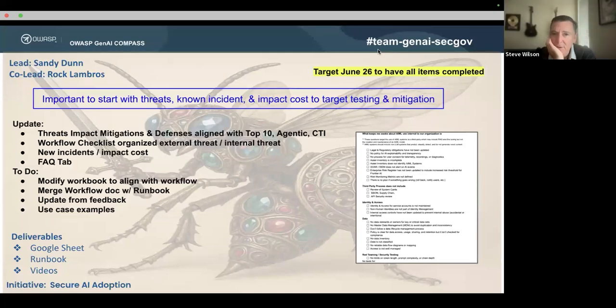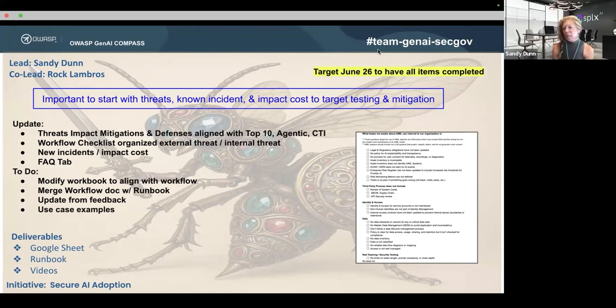So Sandy, maybe you want to back up for a second because it seems like we got some new people. What is this? And how does this relate to the overall group? So Compass is a workbook that takes all of the threats and mitigations and everything that we publish and puts it into a single place where people can start building a strategy around it.